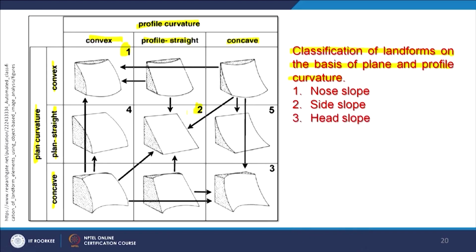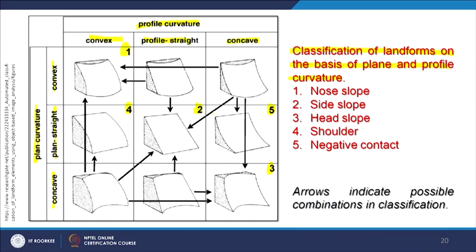The third one is the head slope, which is this one, and fourth one is like shoulder. So, you are having a kind of shoulder, and fifth one is negative contact. This is one negative contact, which is concave in terms of profile curvature, and in plan curvature it is plan or straight, that is negative.